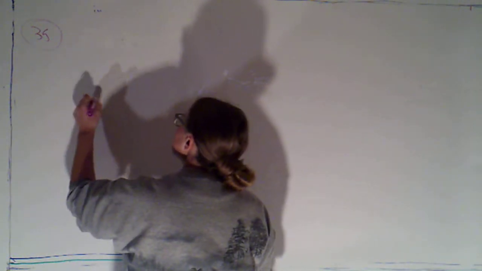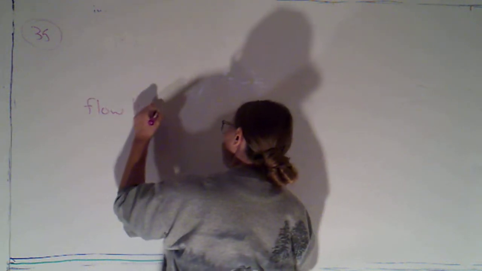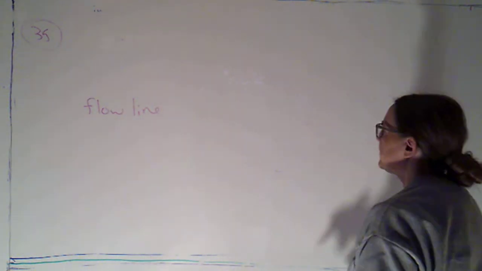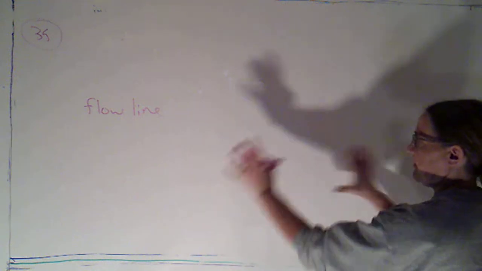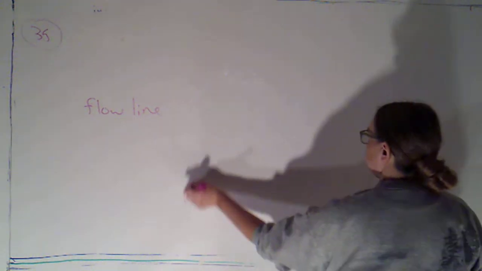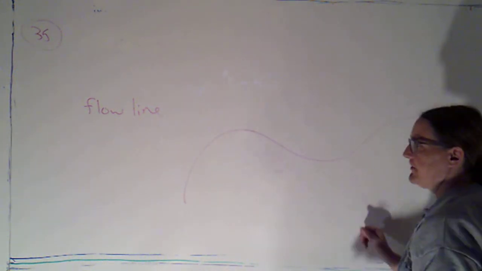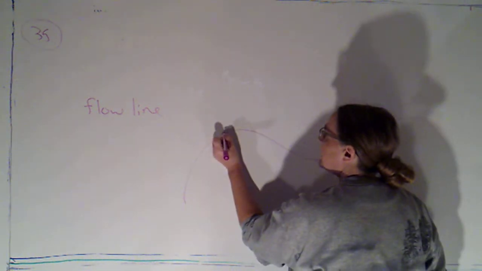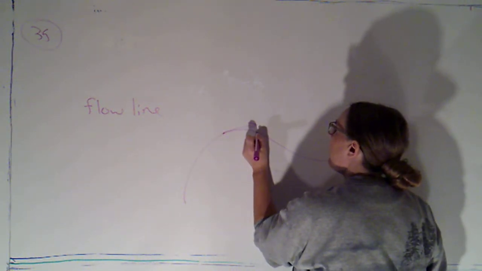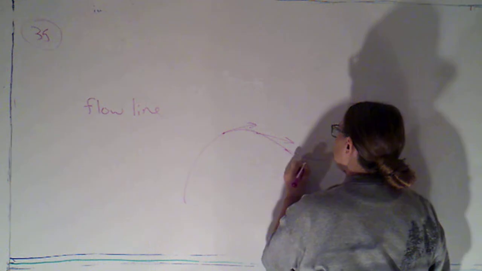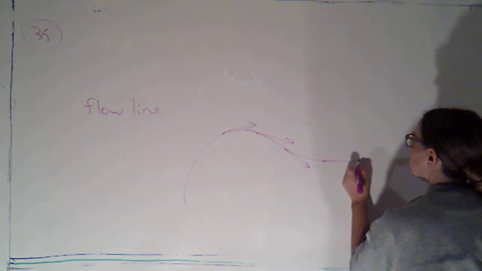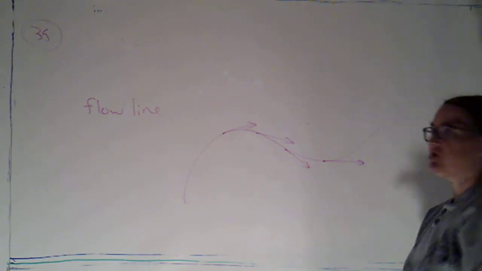But everybody should know the definition of a flow line. Okay. So I've got some vector field up here. I just haven't drawn in the vectors. Here's a curve. This will be a flow line if at every point on this curve, the vector in my vector field is tangent to it.